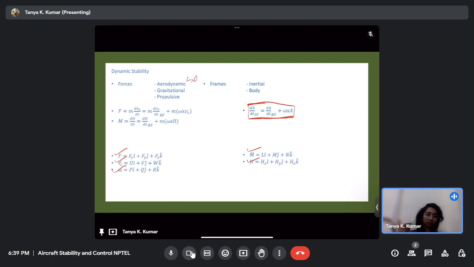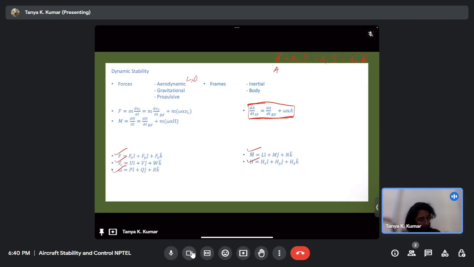Now let's try to do the derivation for this Reynolds transport theorem. We did this in the last session, so guide me through this. I'll define two vectors. A vector in the inertial frame is Ax i plus Ay j plus Az k.